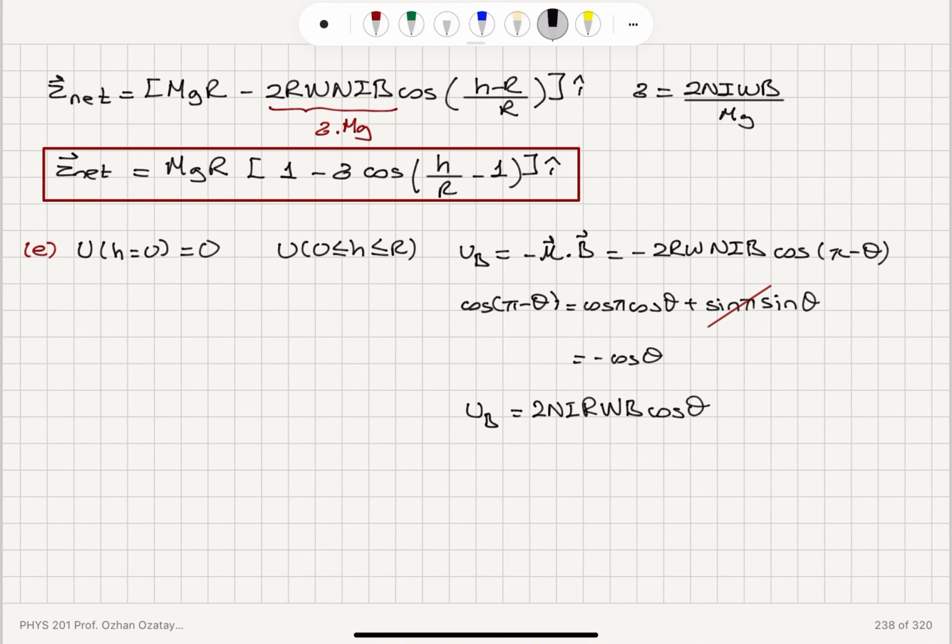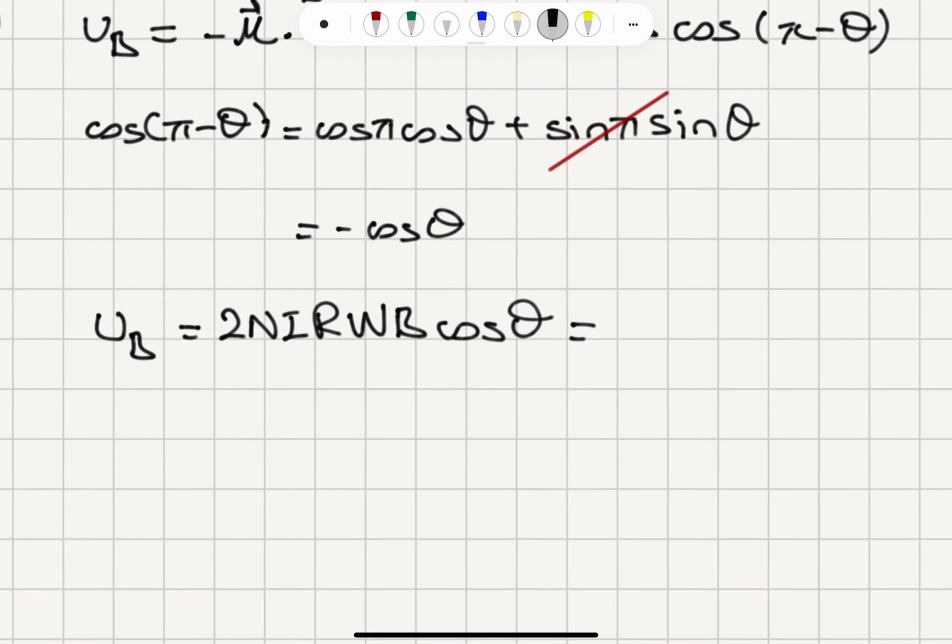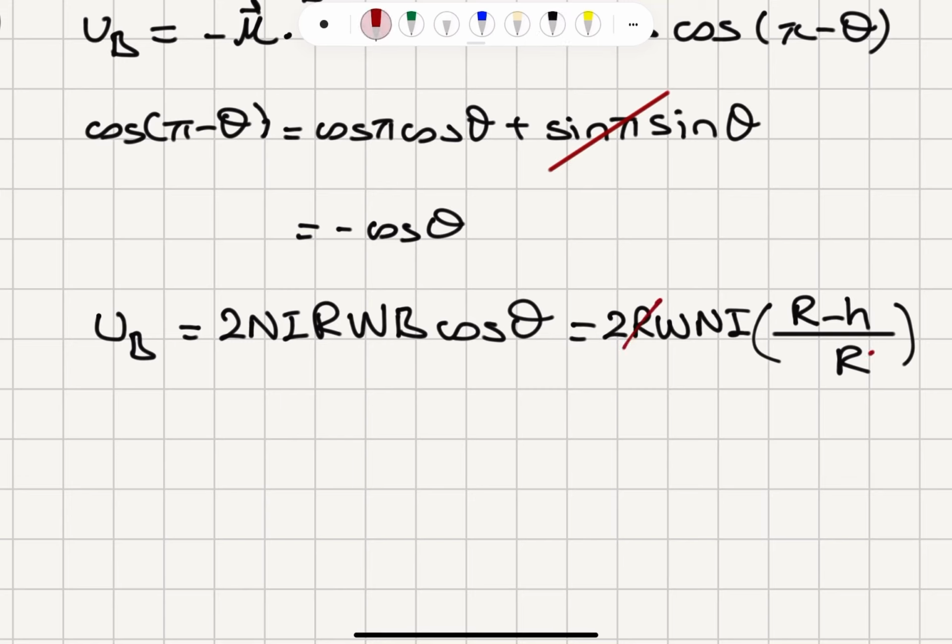So this is 2RWNI times R minus H divided by R, and the R's cancel.